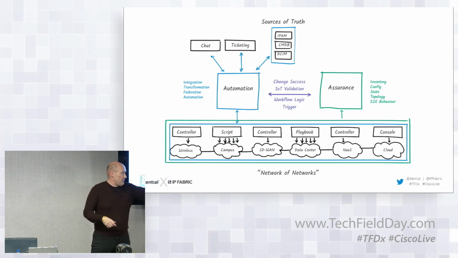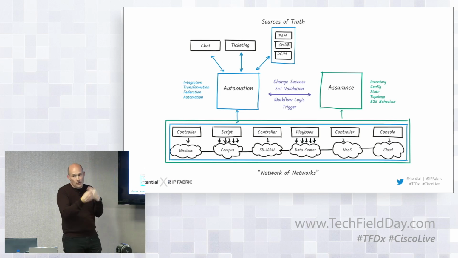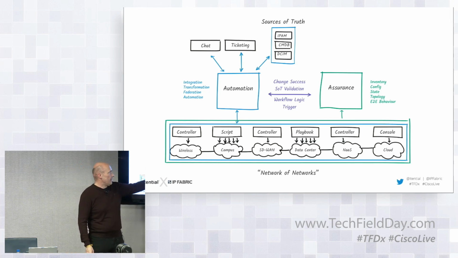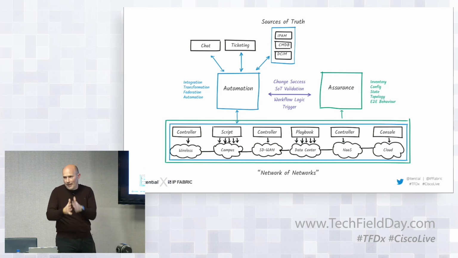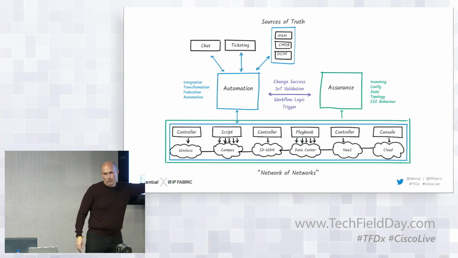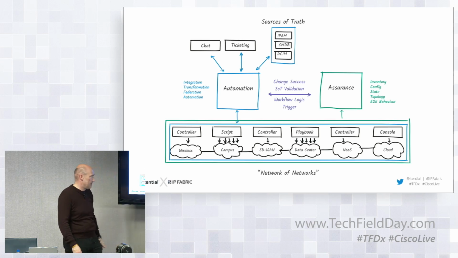Of course, having all that data in the assurance platform gives you other options as well. We can do things like validate the data that's in those sources of truth. If you've got an IPAM that's not fully up to date, how do I make sure that I've got the actual live state? Well, I can pull it through because I've got it all in here. I understand all the IPs, I understand all the interfaces. I can pull that information from the assurance platform.